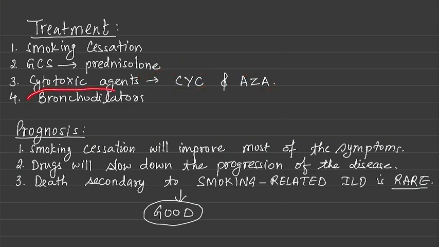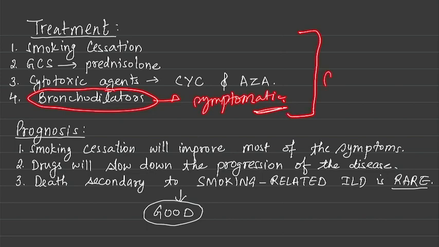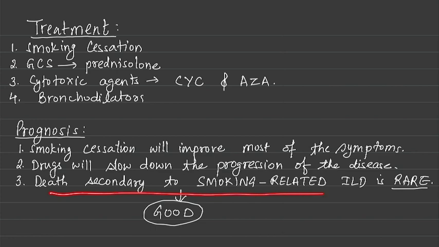Along with them, for symptomatic benefit, we will give bronchodilators. All these things will suffice for the treatment. They will slow down the progress, right? Although the disease is already very slow, they will further improve the symptoms and slow down the disease, right?